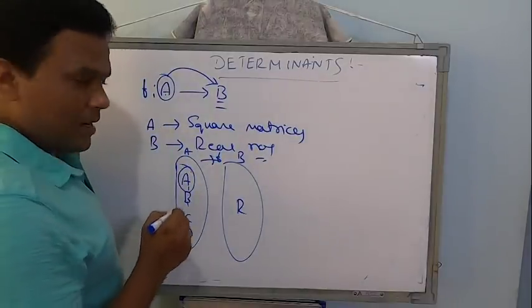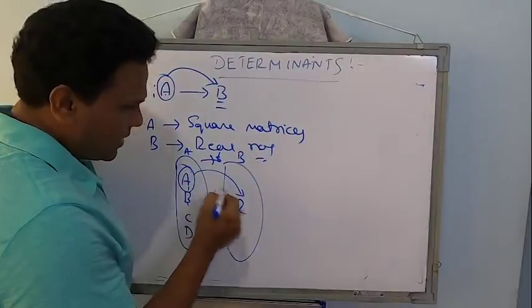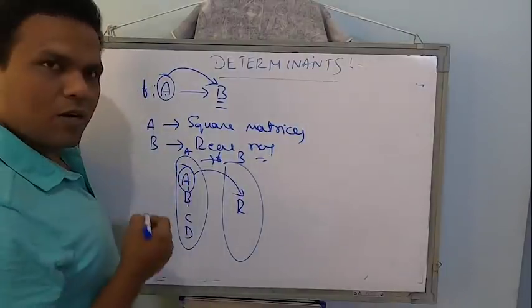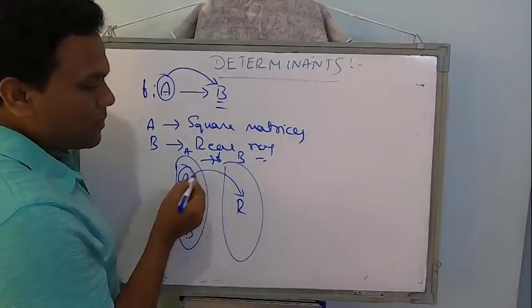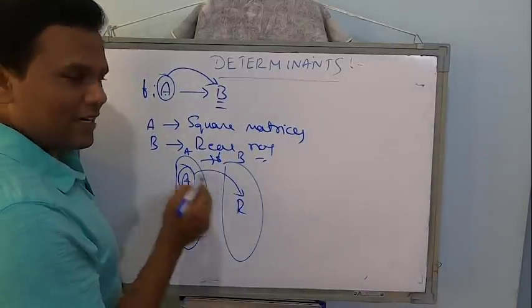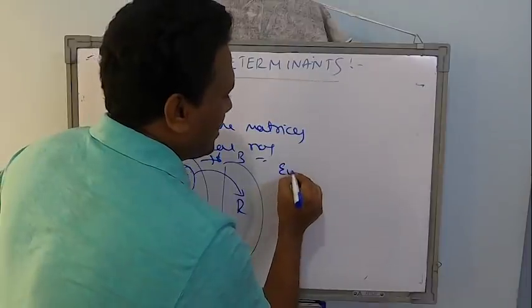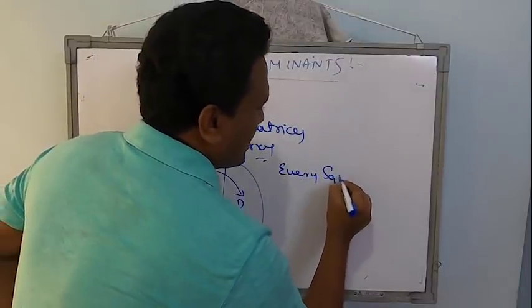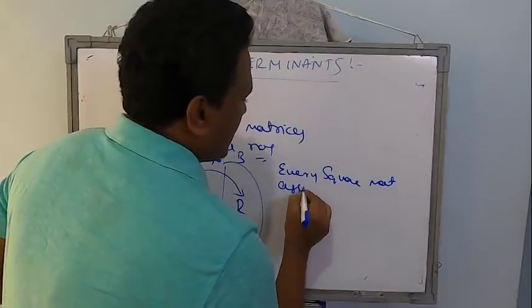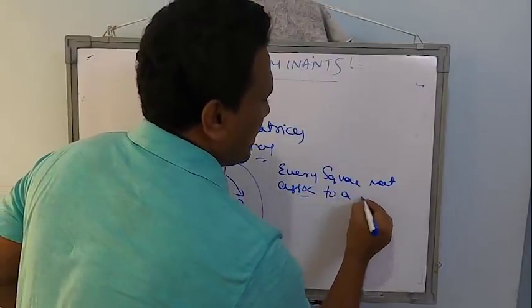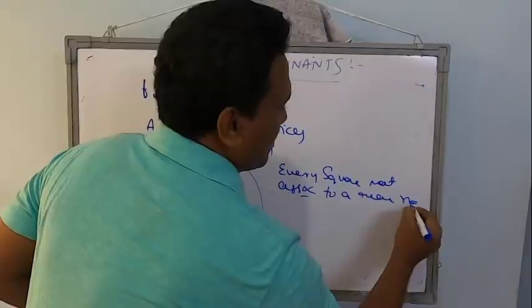If every square matrix is associated to a real number, then only this will be called a function. That means every square matrix will be associated to a real number, correct?